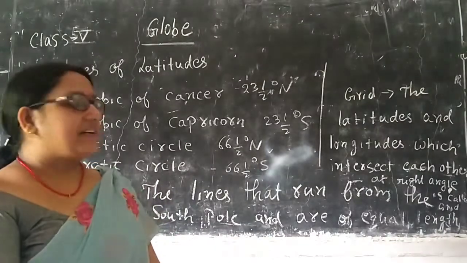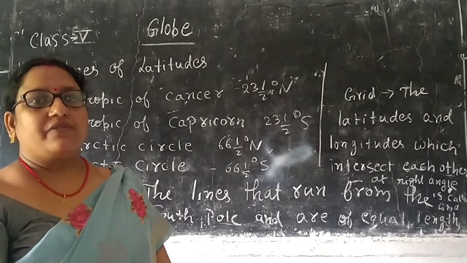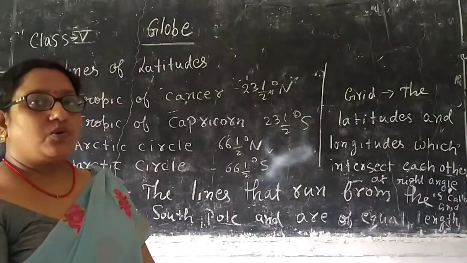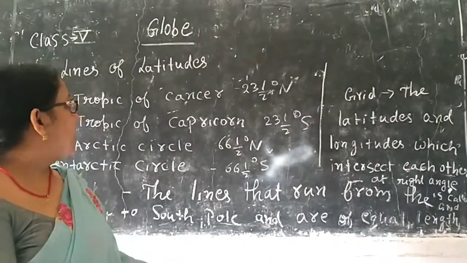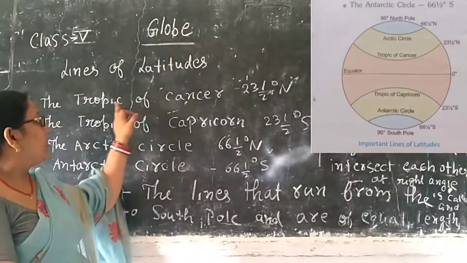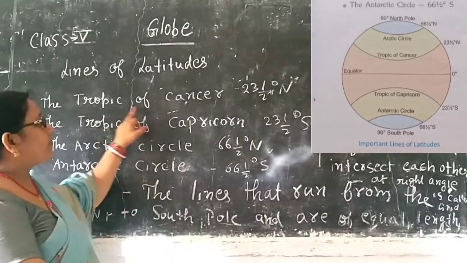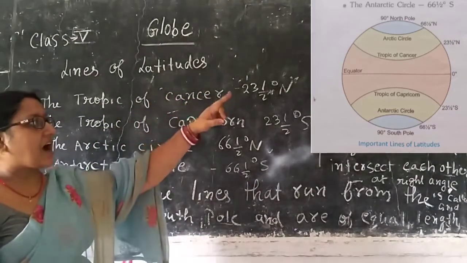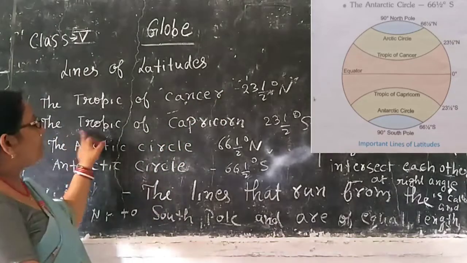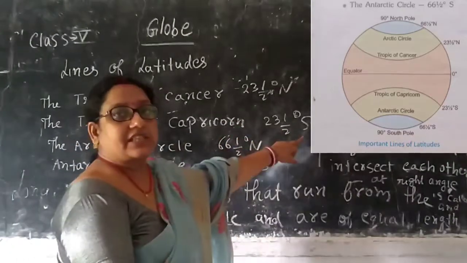Regarding the definition of latitude, you have understood that the many lines which are parallel to the equator are called lines of latitude. Students, get it by heart that these lines are given with a degree. The Tropic of Cancer is 23.5 north in the northern hemisphere, and the Tropic of Capricorn is in the southern hemisphere, 23.5 south.